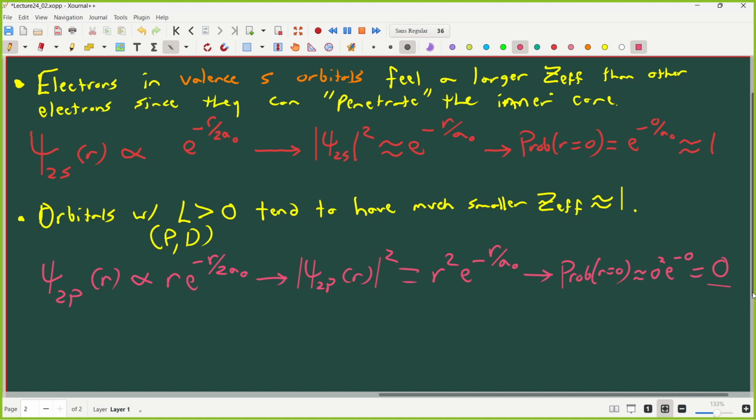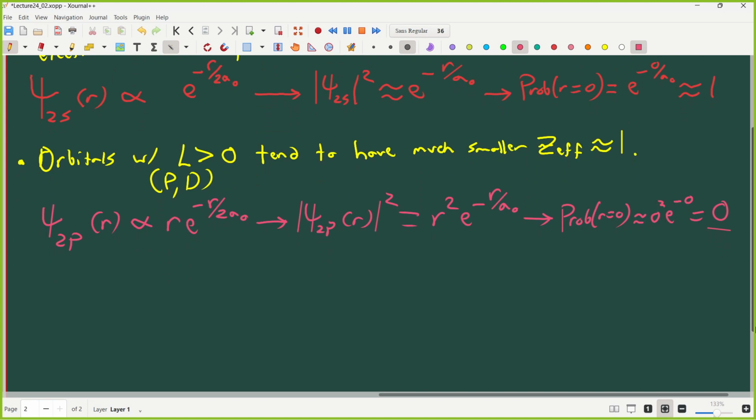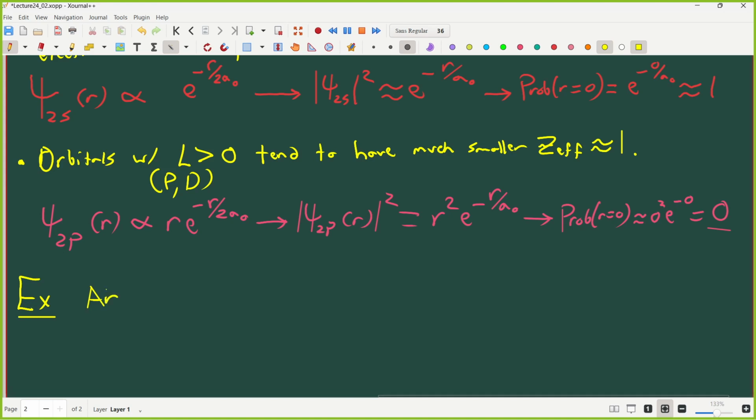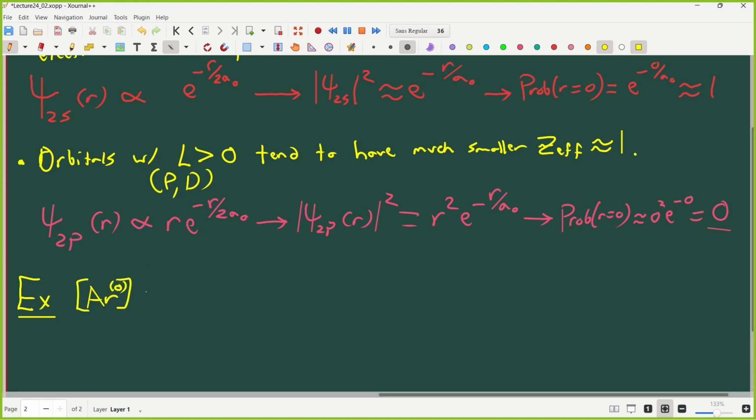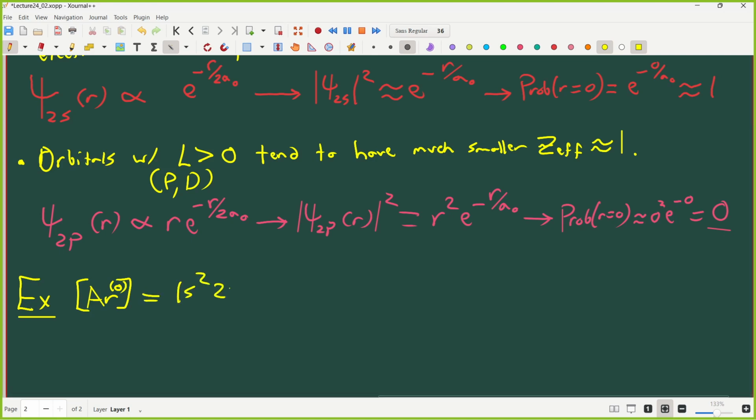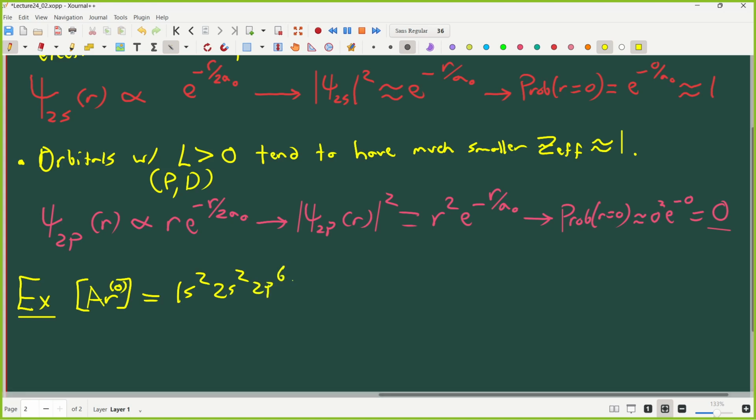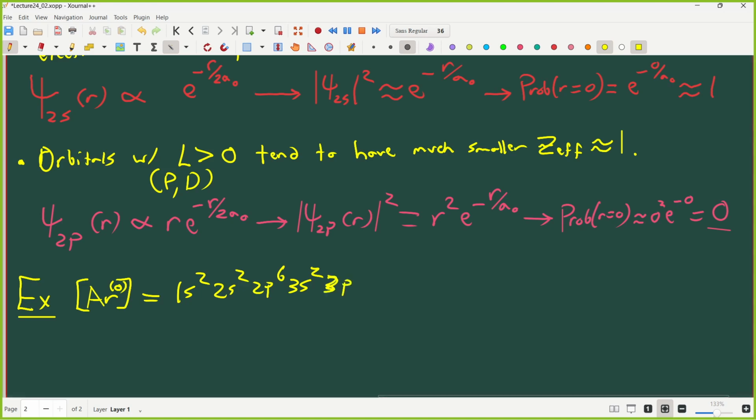So let me give you some examples of this. Let's look at argon and potassium. Potassium is the next atom after argon. Argon's electron configuration is 1s2, 2s2, 2p6, 3s2, 3p6.